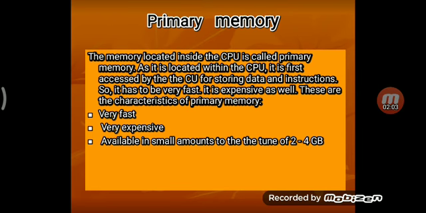Now what is primary memory? Another name is internal memory. The memory located inside the CPU is called primary memory. Since this memory is located in the CPU, it is called internal memory.